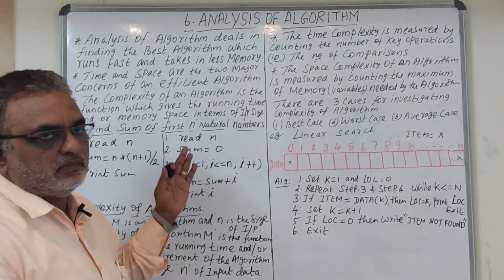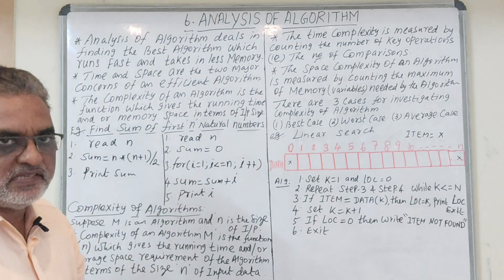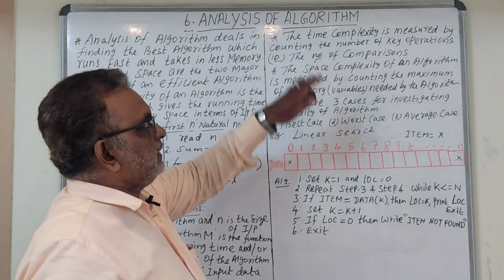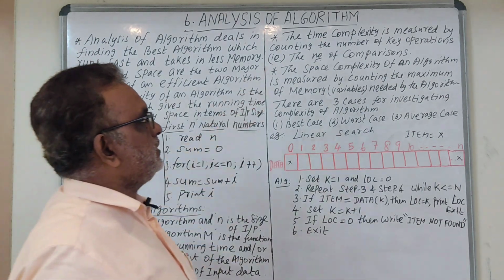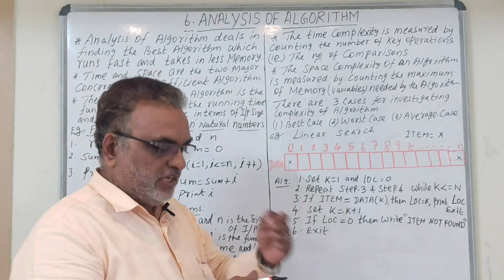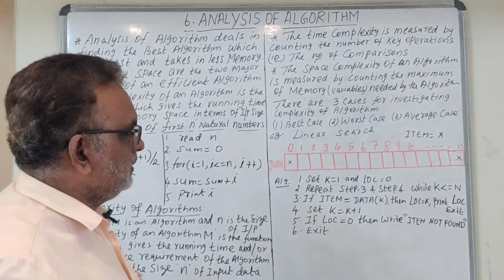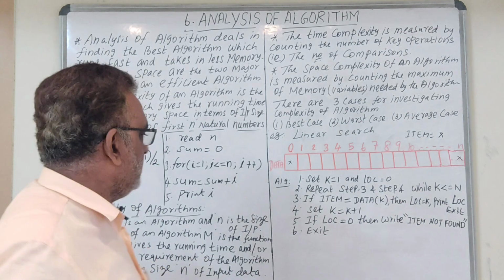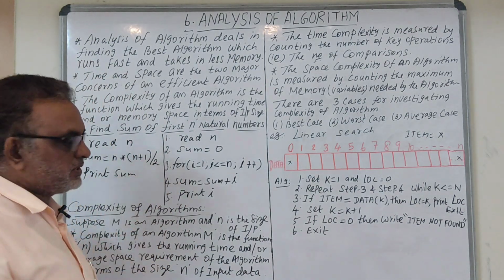Depending upon the input data, the space may increase. The time complexity is measured by counting the number of key operations involved in the algorithm. Now let us see how to calculate the time complexity for both the algorithms.